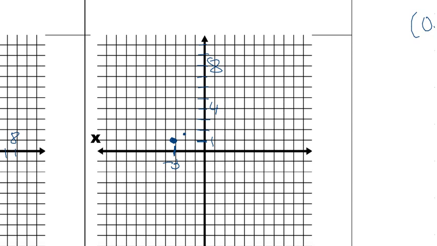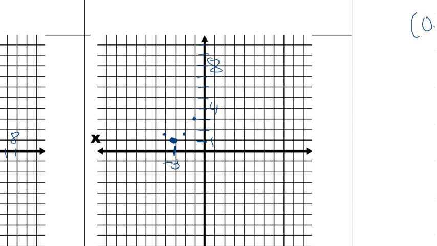Then my next pattern is 1.5. So from that point, I have to go 1.5 units. That's a half a unit and then 1. So it's going to land me on this corner, right? Because this is a half and this is 1.5. And that's going to be the same thing from the other point.